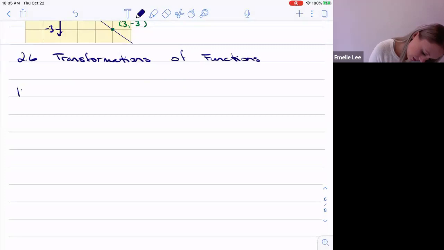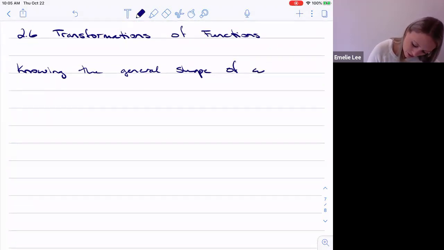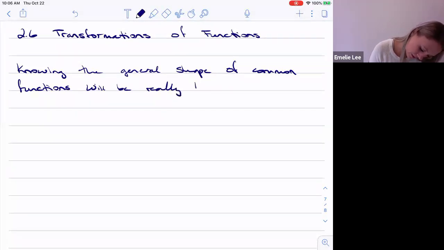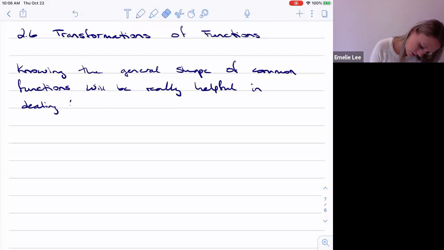And so knowing the general shape of common functions will be really helpful in dealing with transformations of functions.